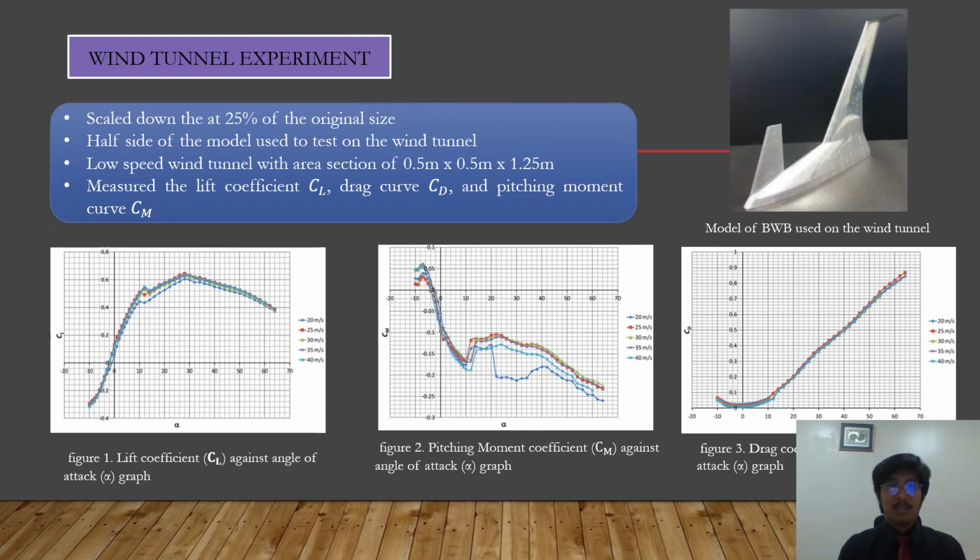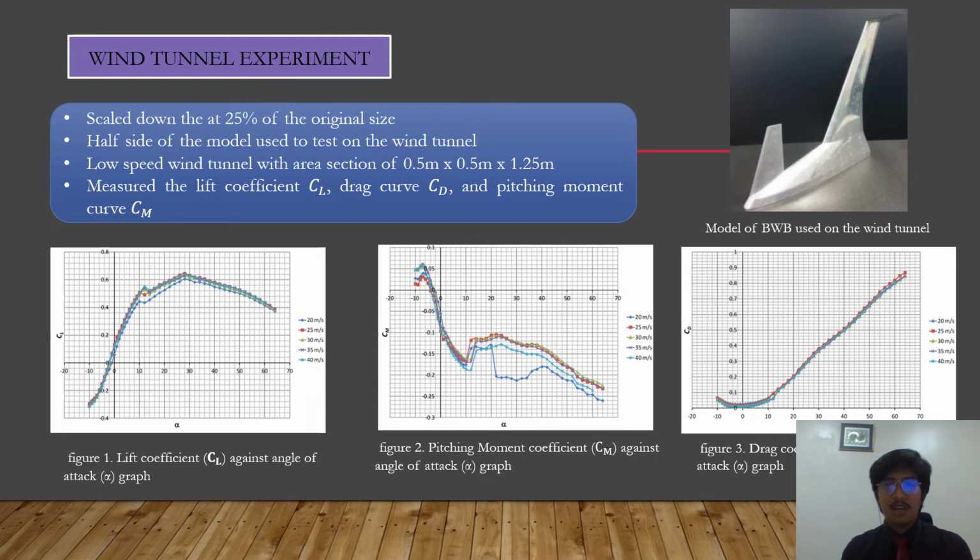The type of wind tunnel used is a low speed wind tunnel with a section area of 0.5 meter times 0.5 meters times 1.25 meters.